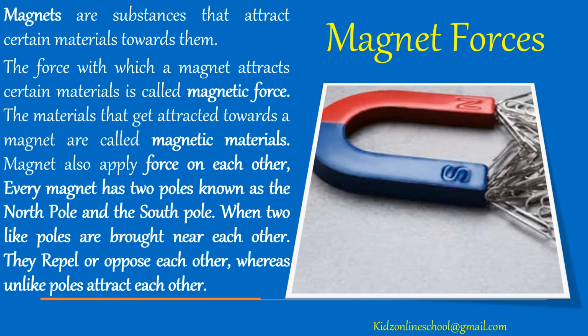Magnets also apply force on each other. Every magnet has two poles known as the North Pole and the South Pole. When two like poles are brought near each other, they repel or oppose each other, whereas unlike poles attract each other.